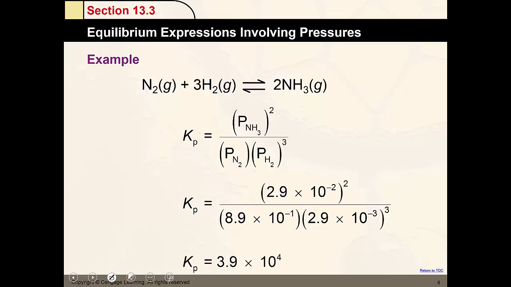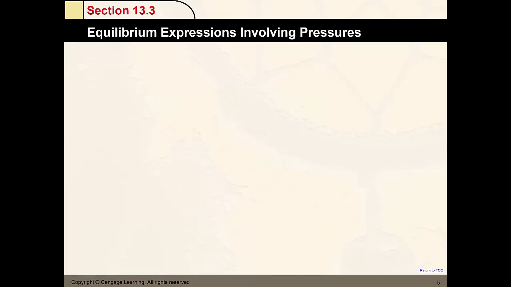And keep in mind, this is still unitless. Okay, it is not in atmospheres. So you should be able to calculate Kp for any reaction if given all of those equilibrium partial pressures.